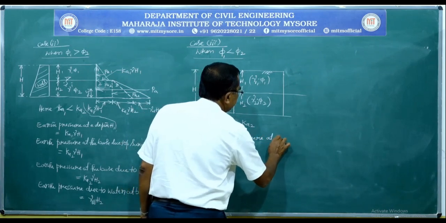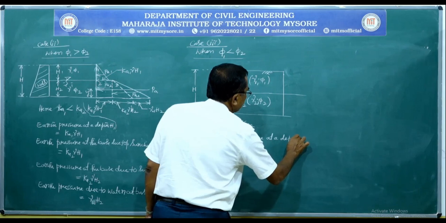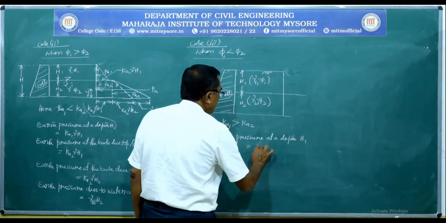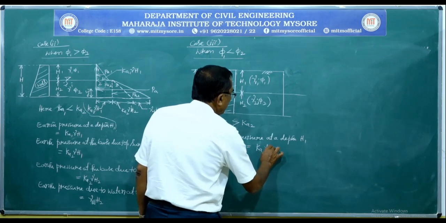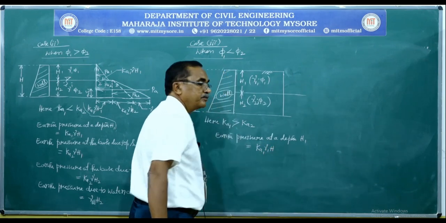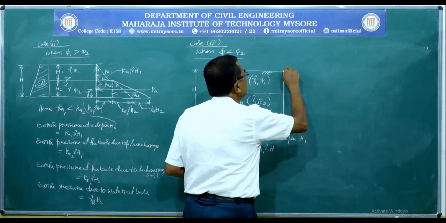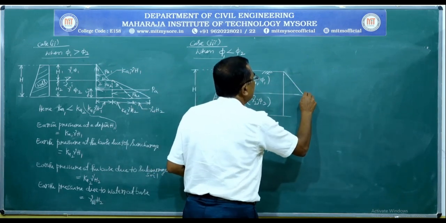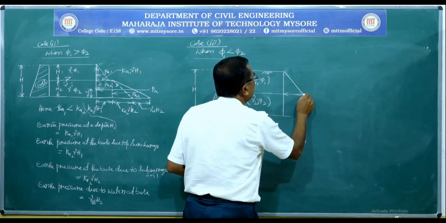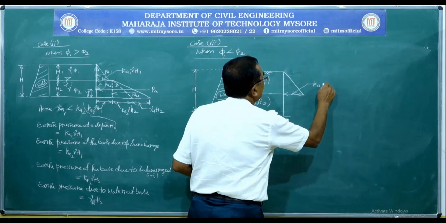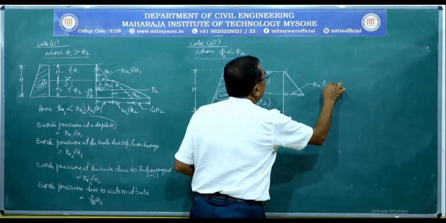At a depth H1, the pressure is equal to Ka1 into gamma 1 into H1. So we can draw the pressure distribution: it is Ka1 into gamma 1 into H1.